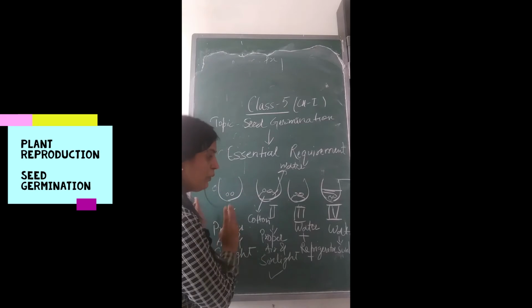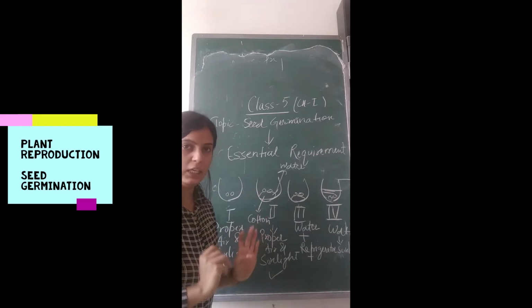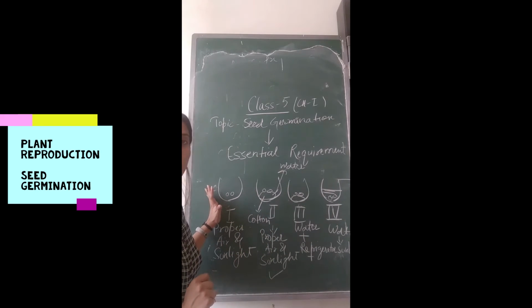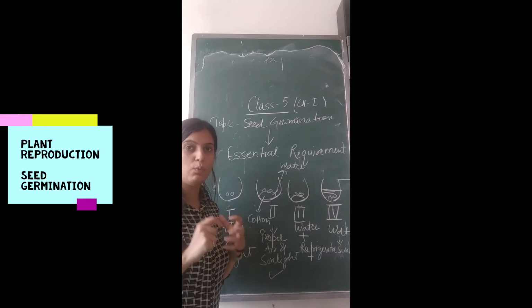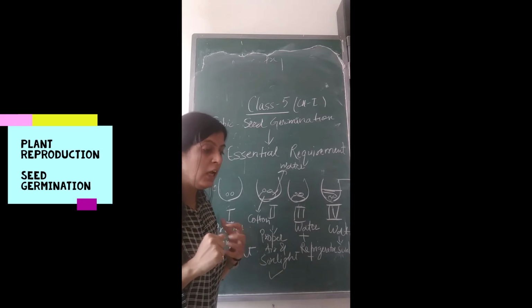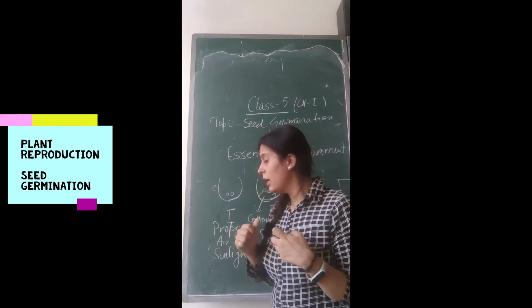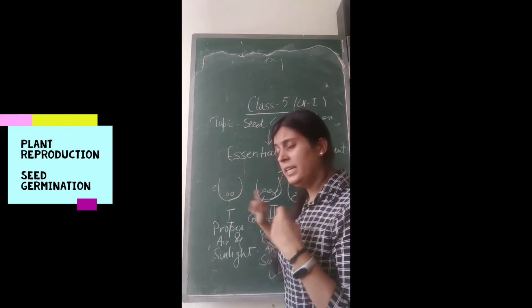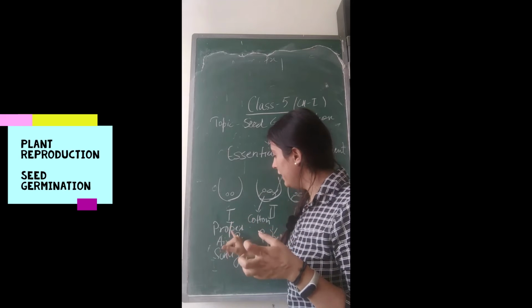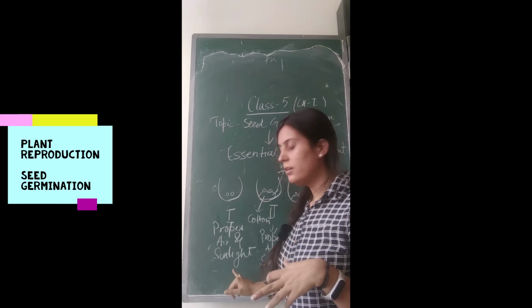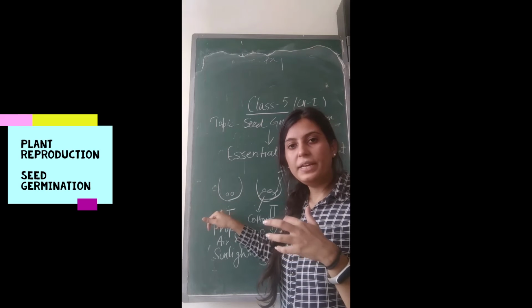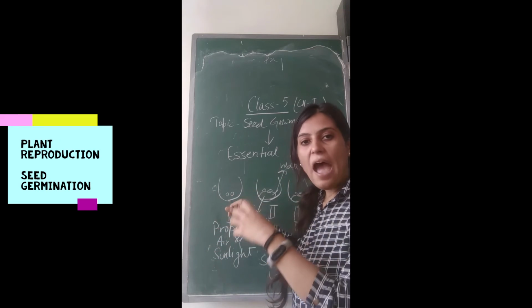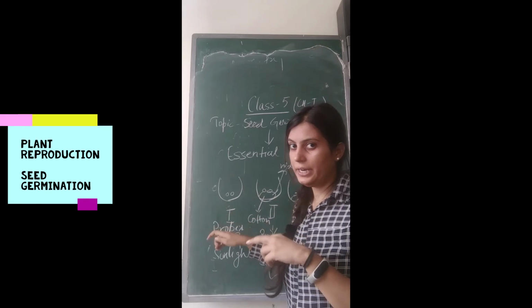In the first bowl, seeds are placed in proper air and sunlight, but seeds do not germinate in it because we have not sprinkled water on it.